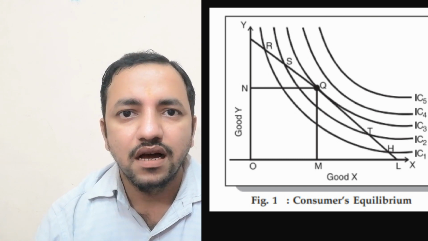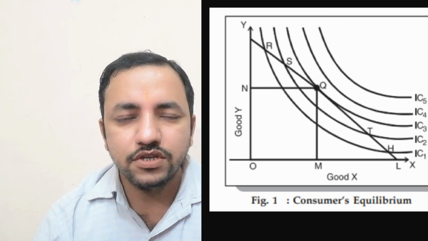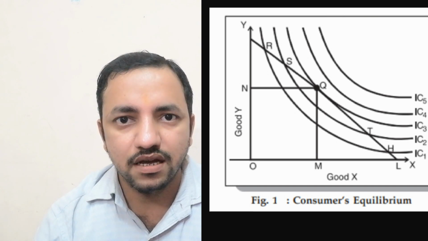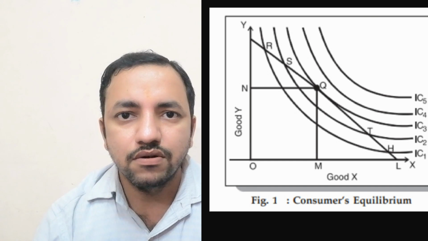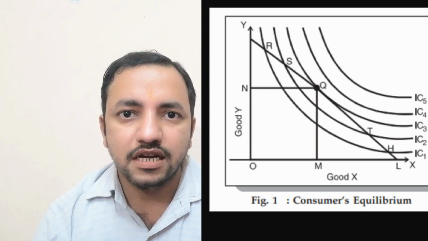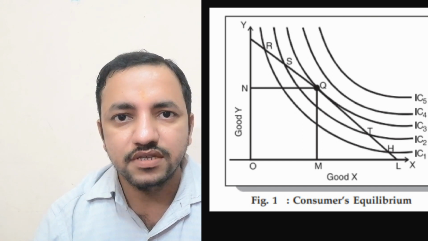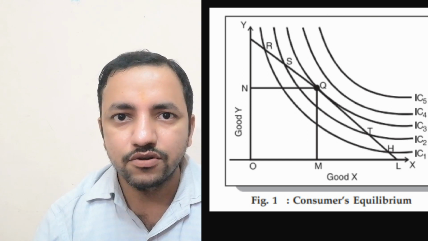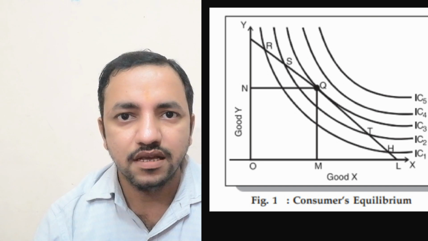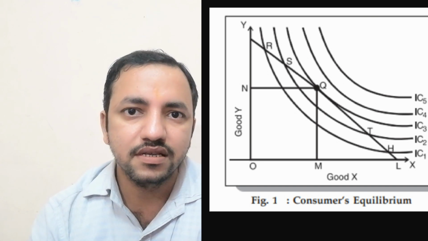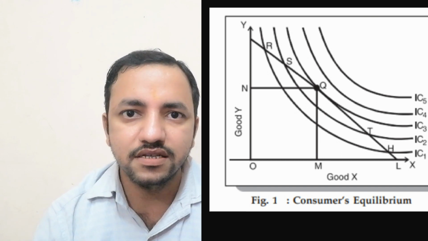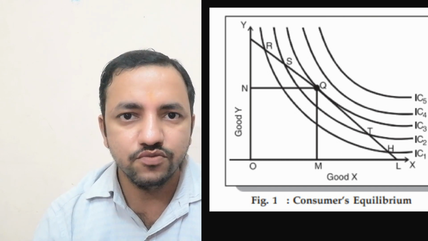We see R and H both combinations lie on the lowest indifference curve, that is IC1. So even though the consumer can purchase these combinations with his budget, he would not prefer to buy these combinations because R and H lie on the lower indifference curve that provides the least satisfaction to the consumer.